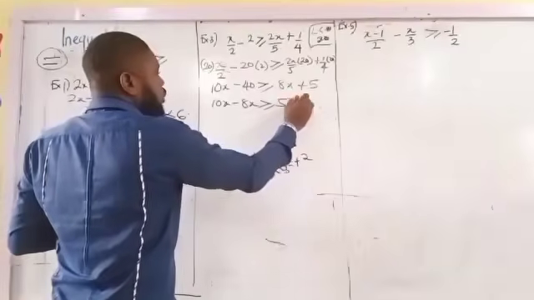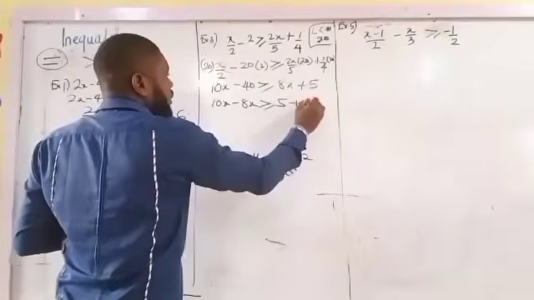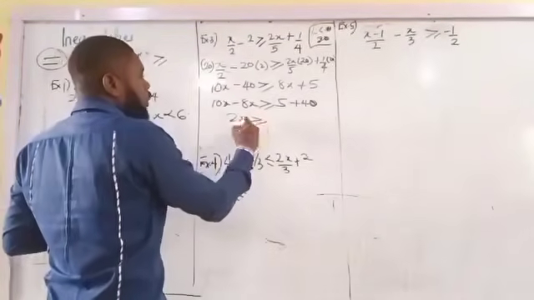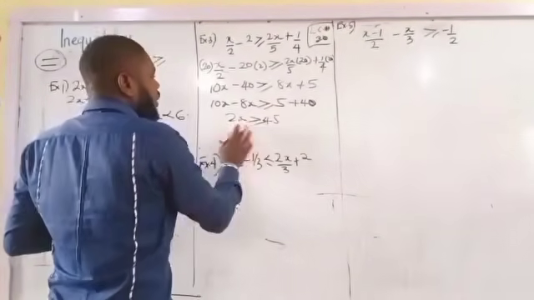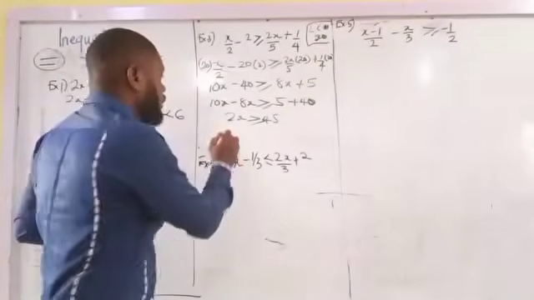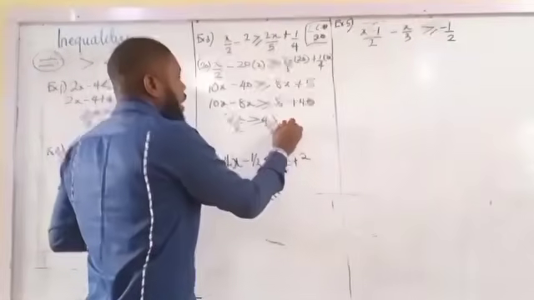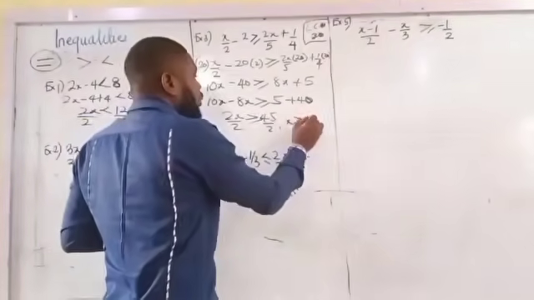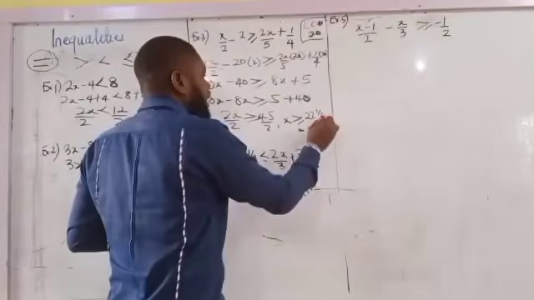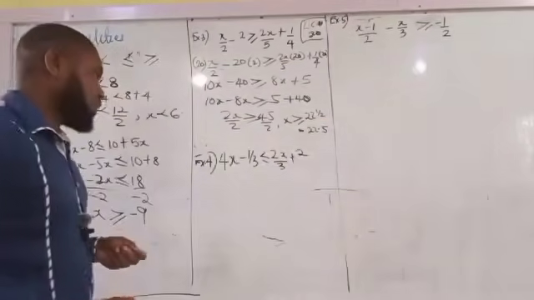Moving 40 over here becomes plus 40. If I add, I will have 2x greater than or equal to 45. Now divide by the coefficient of x, which is 2, and I'll have x greater than or equal to 22 and a half, or 22.5, whichever case may be.